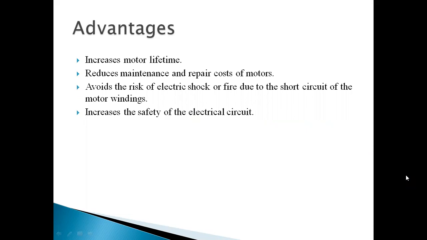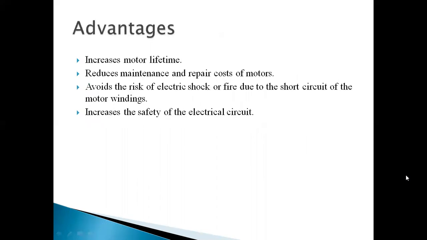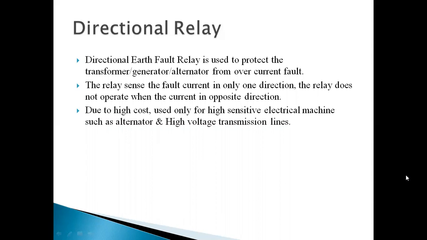These are the advantages of the phase fault relay: if we can detect that fault, we can surely increase the life of the motor. It reduces maintenance and repair costs, and avoids the risk of electric shock and fire. So it increases electrical safety.